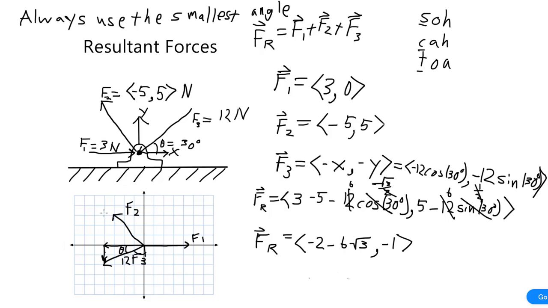If you look at this component of F2, the y component is canceling almost directly with F3's y component, and F1 doesn't have a y component, so that's why it's going to be negative 1. It's very small, but like I said before, it's going to be favored in F3's direction just because it's greater than F2 and F1. I'm pretty sure if we got the magnitude of F2, it wouldn't be too big. I think that's just 5 square root of 2, but that's nothing compared to 12. Well, I shouldn't say it's nothing.